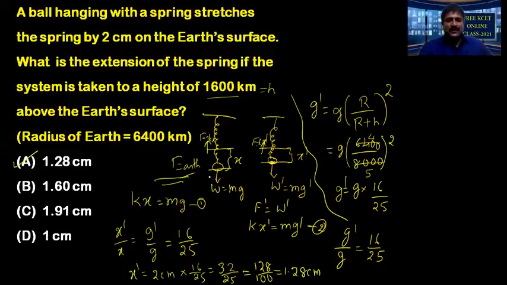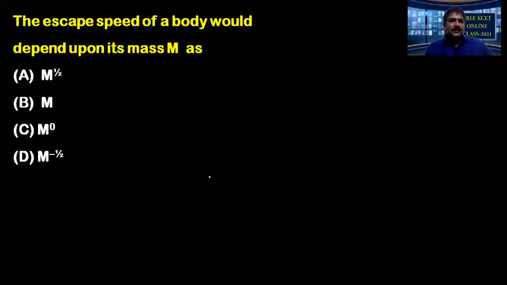So it looks like a lengthy question, but if you know some facts and formulae, you can quickly work it out when you do more practice. Now the question is, the escape speed of a body would depend upon its mass, where the mass of the body is given as capital M. The fact is, the escape speed of any body projected from the Earth's surface or from any planet does not depend upon the mass of the body, and it does not depend on the angle of projection.